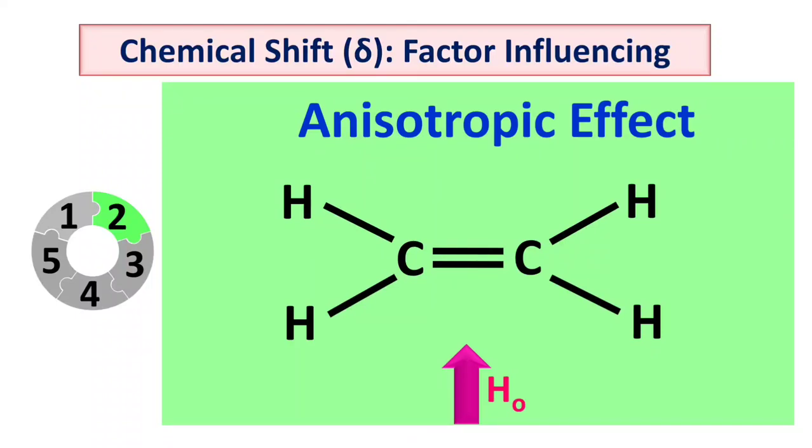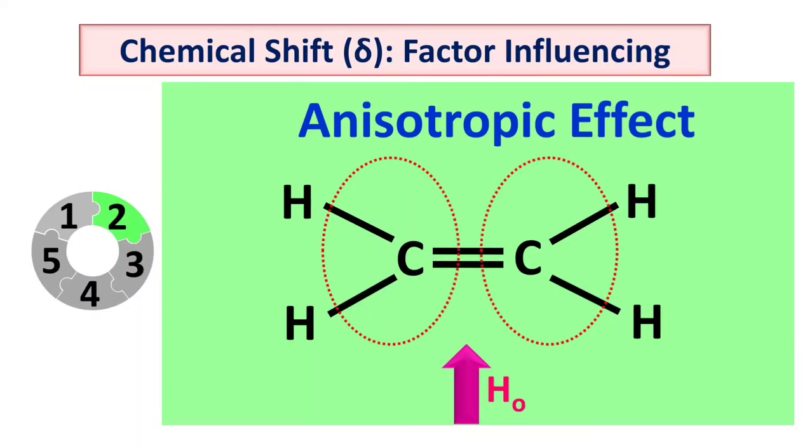spectroscopy. You can see that the ethene molecule is oriented perpendicularly with respect to the applied magnetic field. And the moment you switch on the applied magnetic field, what happens? The pi electrons generate the secondary magnetic field, and you can see the arrows and the circle; this is called the newly developed secondary magnetic field.